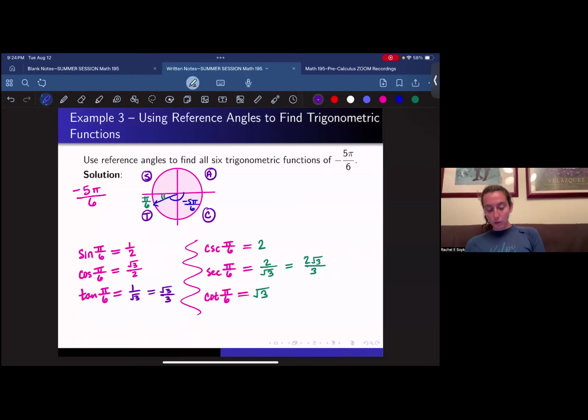Because we're in that third quadrant, we need to look at all of our tangent-related functions, keep those positive, but every other one is going to be negative. So sine is negative, negative. We can put them in front here too. And there we have it.